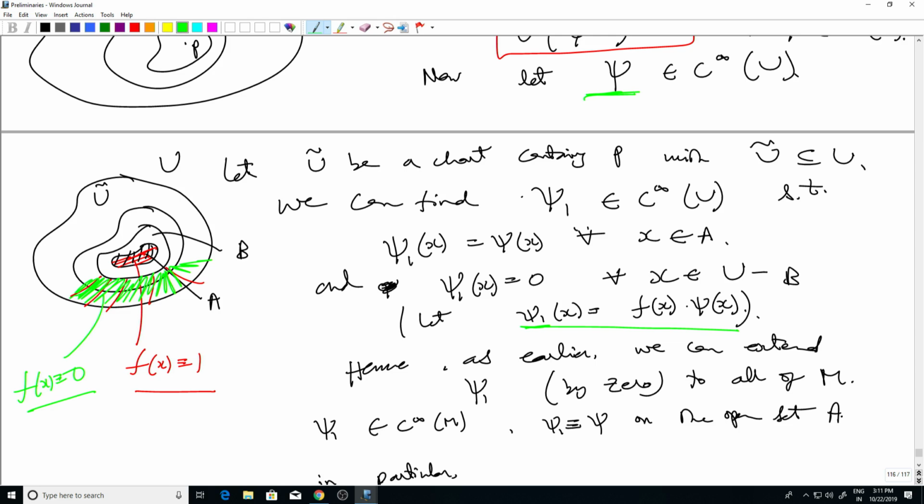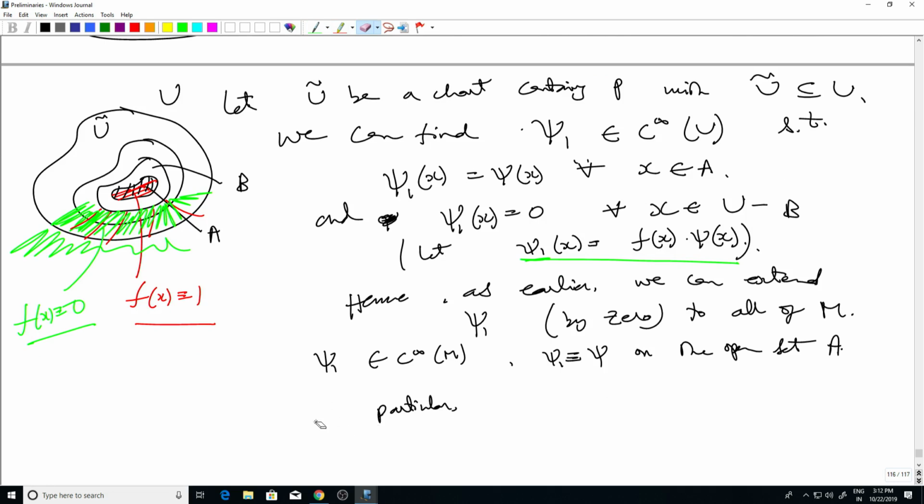To begin with, since C was only defined on U, C1 is also only defined on U. However, it's going to be 0 outside B anyway. So if I extend C1 to all of M by declaring it to be 0 everywhere else, then I get a C infinity function on M, and the argument is the same as before. So C1 is a C infinity function on M, and C1 equals C on the open set A.